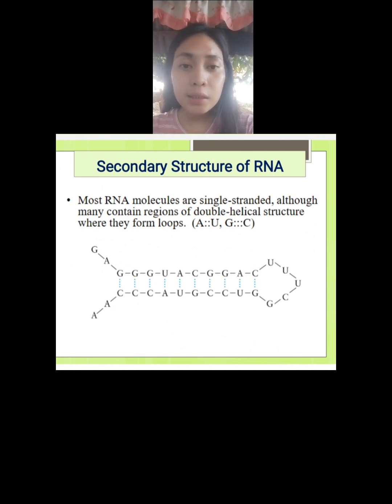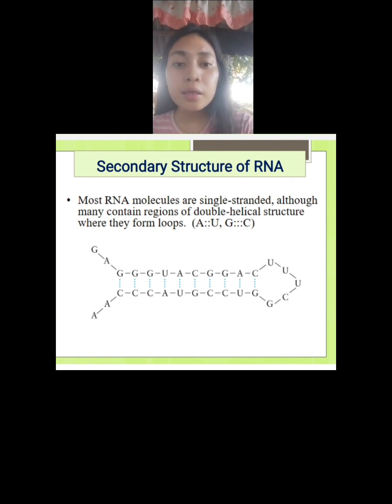These sequences contain a series of bases where guanine is paired with cytosine and adenine is paired with uracil. These sequences consist of three uracil bases which may form a loop or single-stranded region.